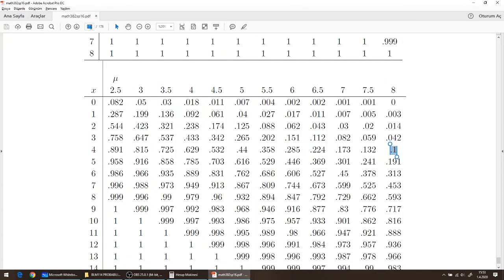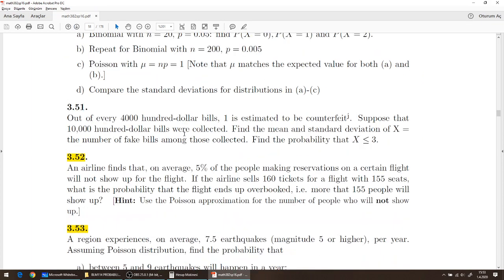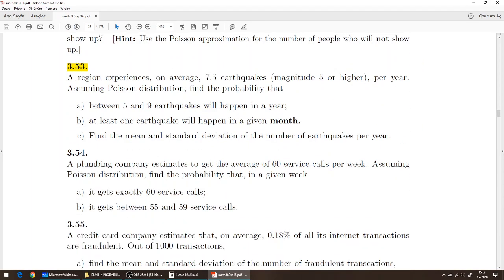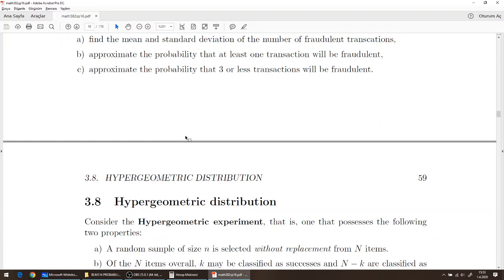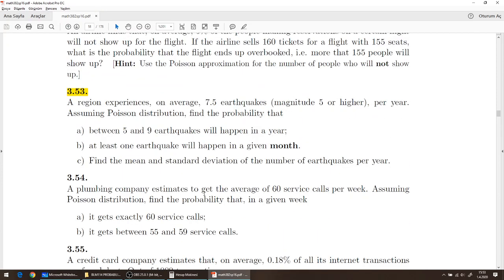Again, turn back to the questions page. 3.53. Yes, this is the last question from this section of the book.